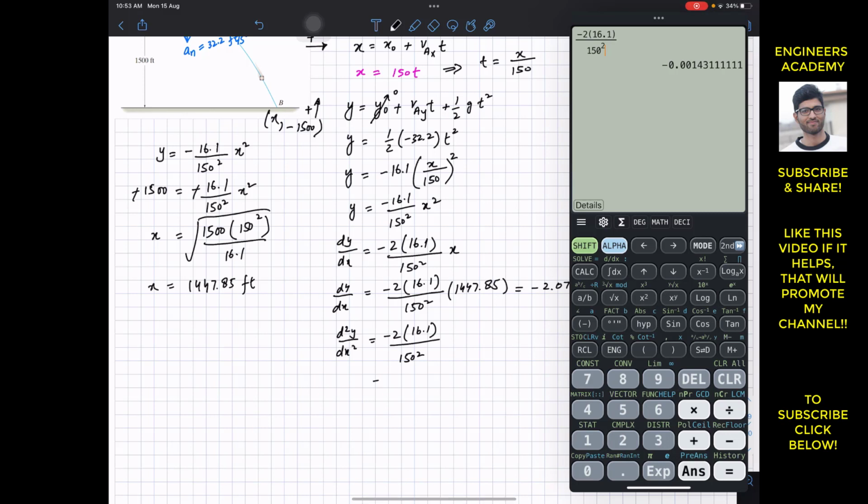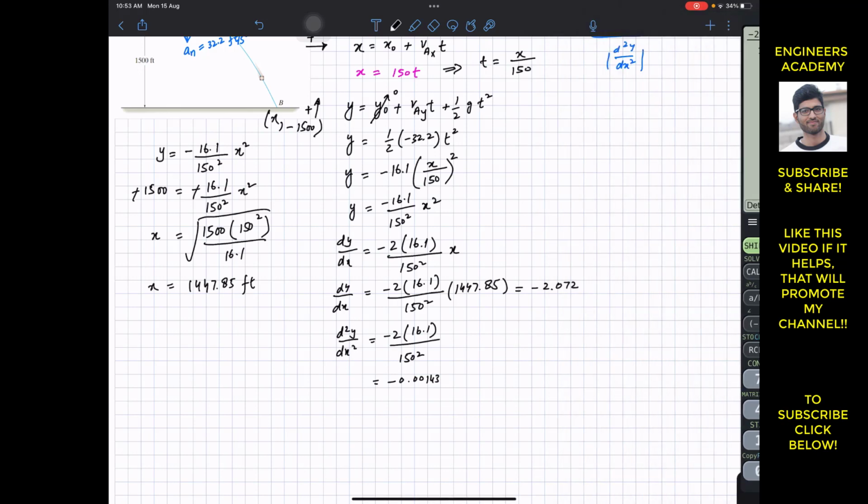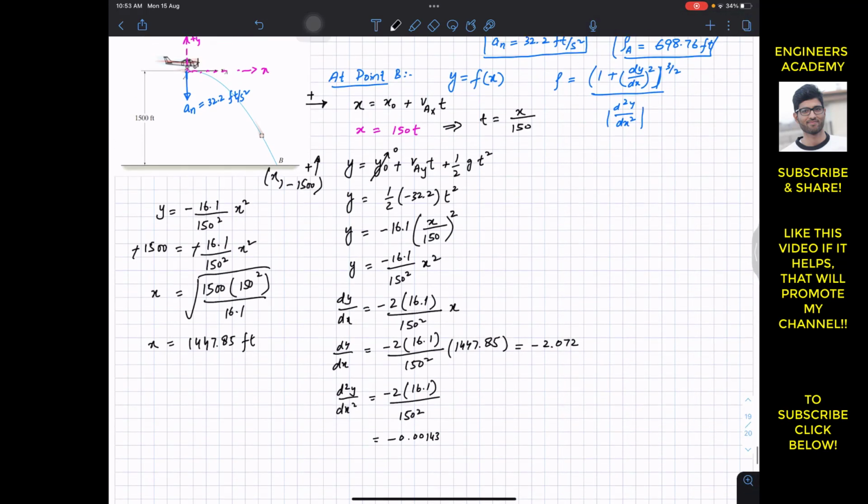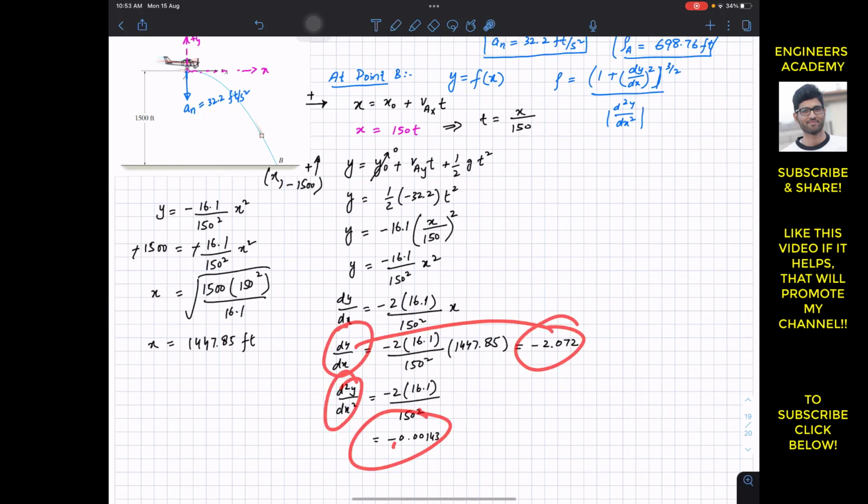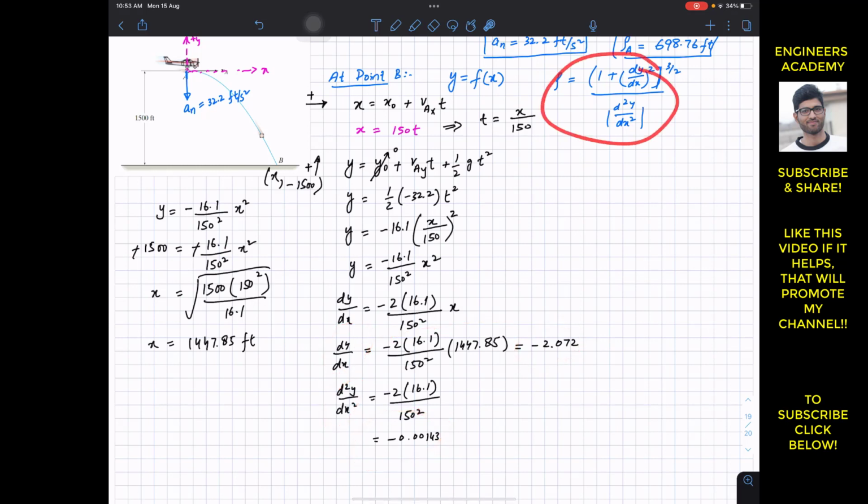So this is equal to minus 0.00143. Now if we substitute this value and this value, this is dy by dx value and this is d square y by dx square value, in this equation we will be able to find the radius of curvature at point B.